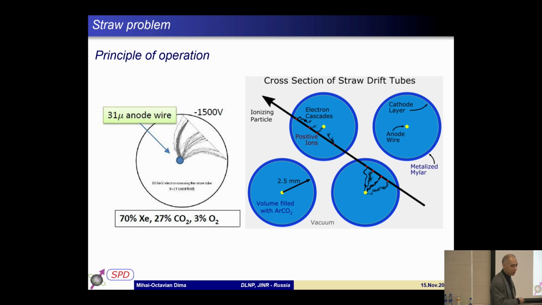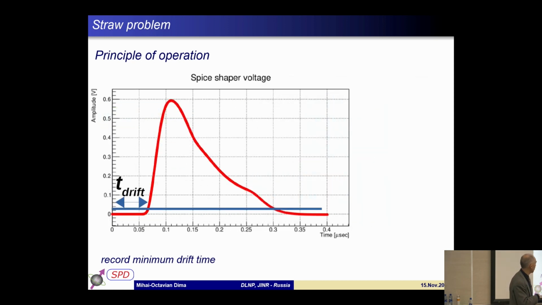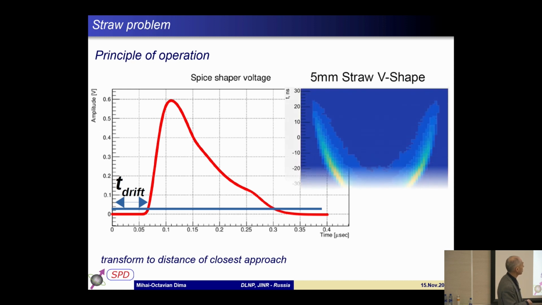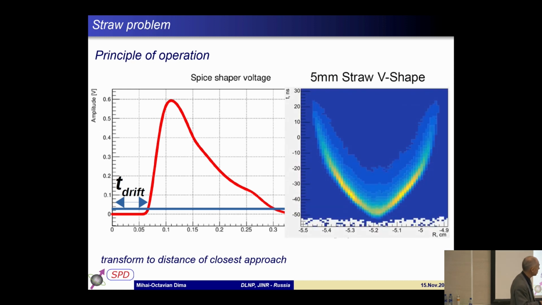And you get the distance of closest approach to the center of the straw. So you record the drift time, you record the signal, and this is your time of closest approach, the avalanche that reached the wire, the anode first. And you want some translation between time and distance, and you have some calibration curve that looks like that.